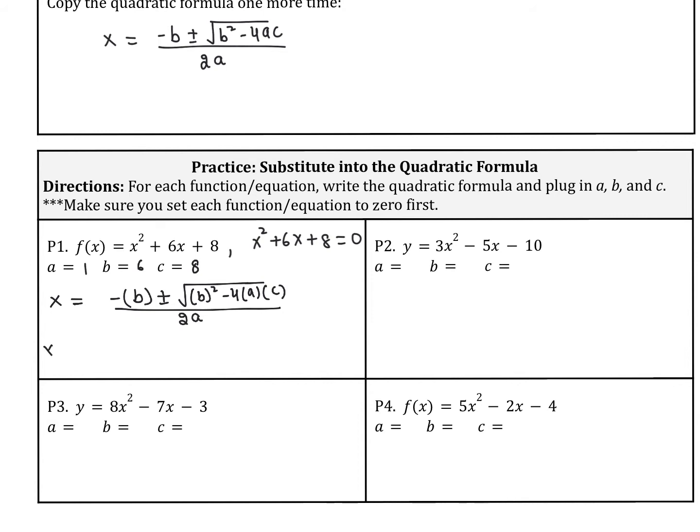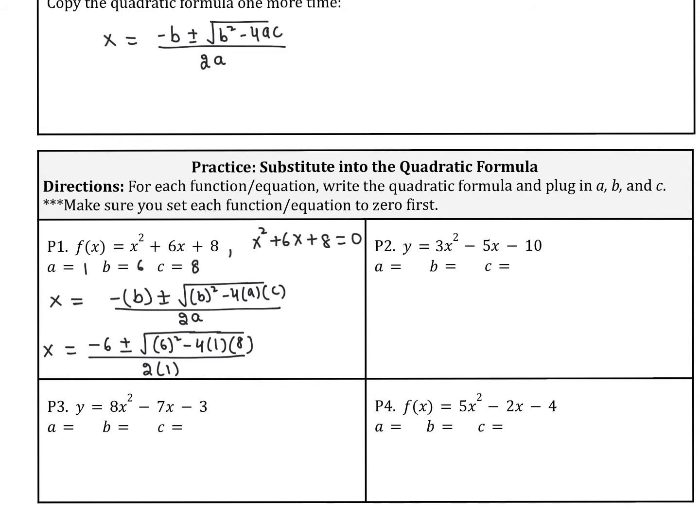So if I plug it in, I get negative 6 plus or minus the square root of 6 squared minus 4 times 1 times 8, divided by 2 times 1. Now you can see that we plugged a, b, and c into the formula, but we did not solve it because we are just practicing plugging into the formula.